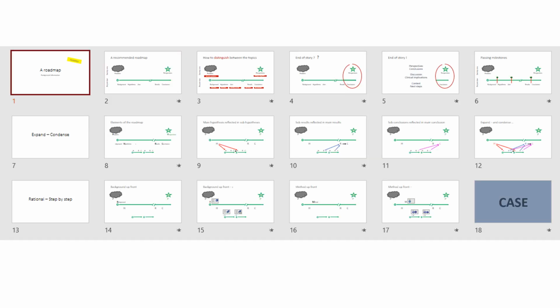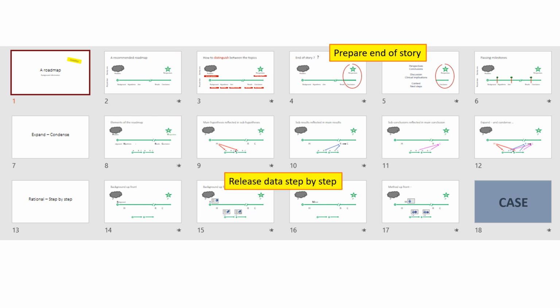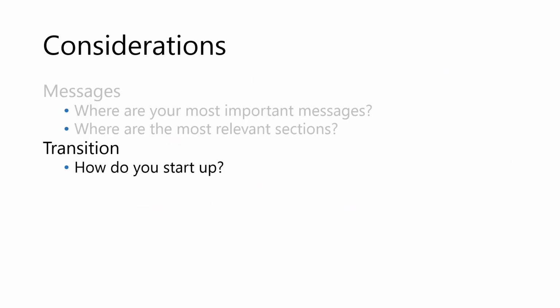I have highlighted 2 examples here. Prepare, end of story, and release data step by step. The next step is the transition between slides or between stories. How do you start your talk? And are there any full stop slides?